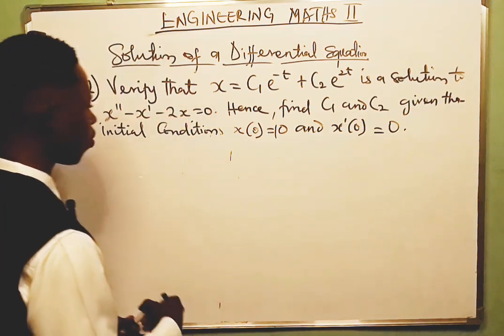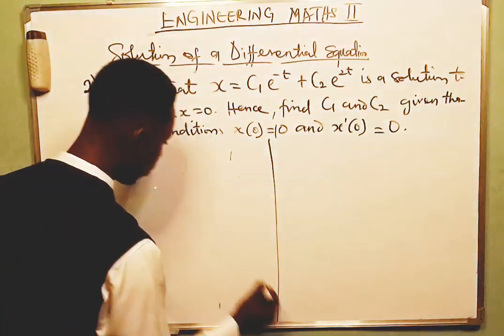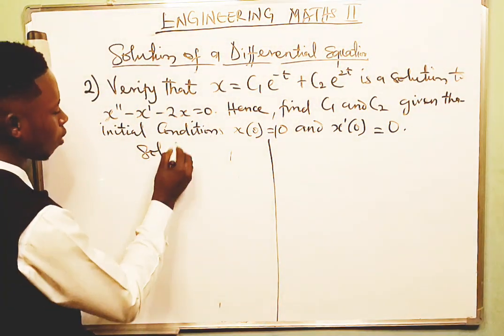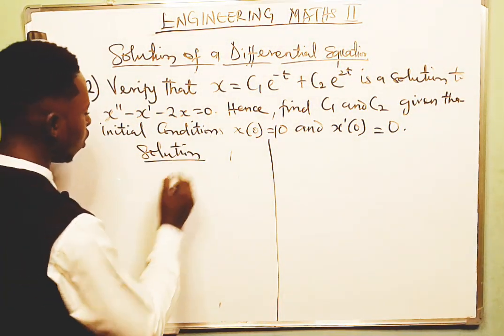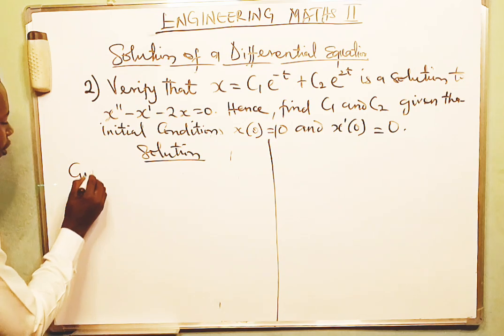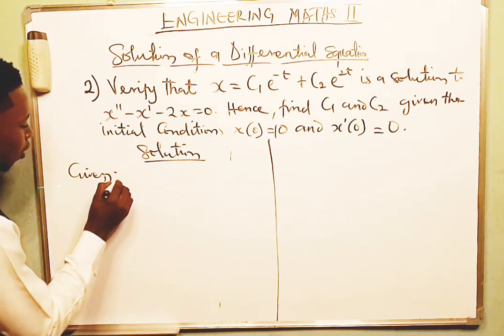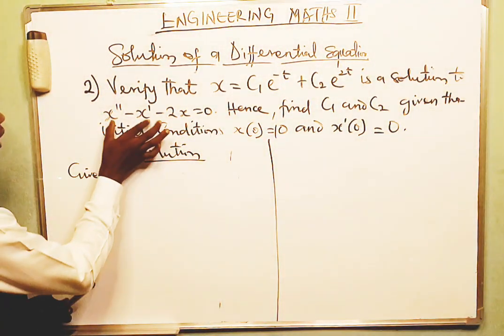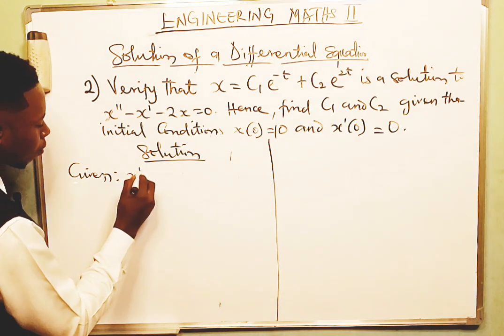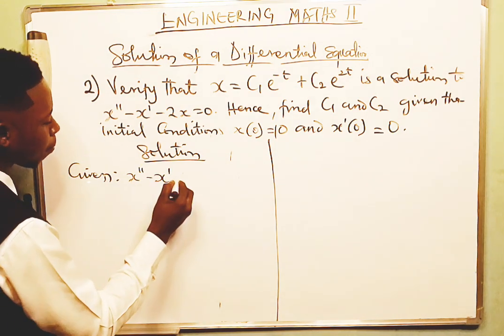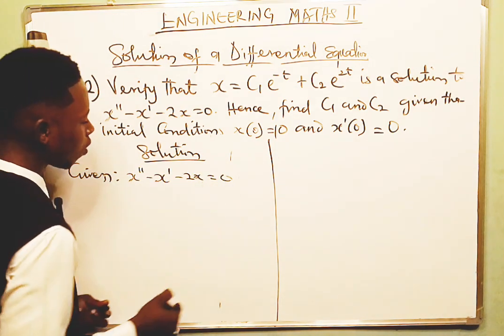Now, solution to this question, don't forget to write your given. What are we given? X prime prime minus x prime minus 2x is equal to 0.